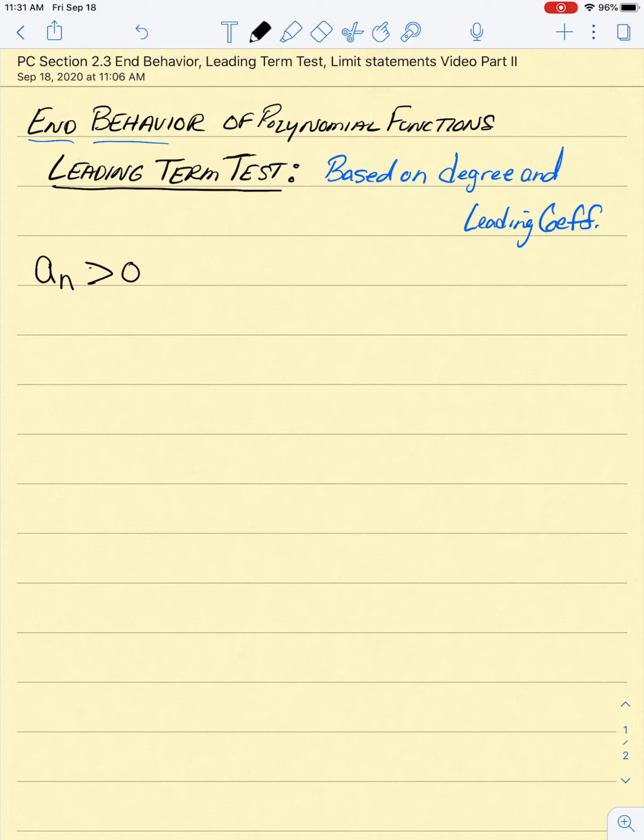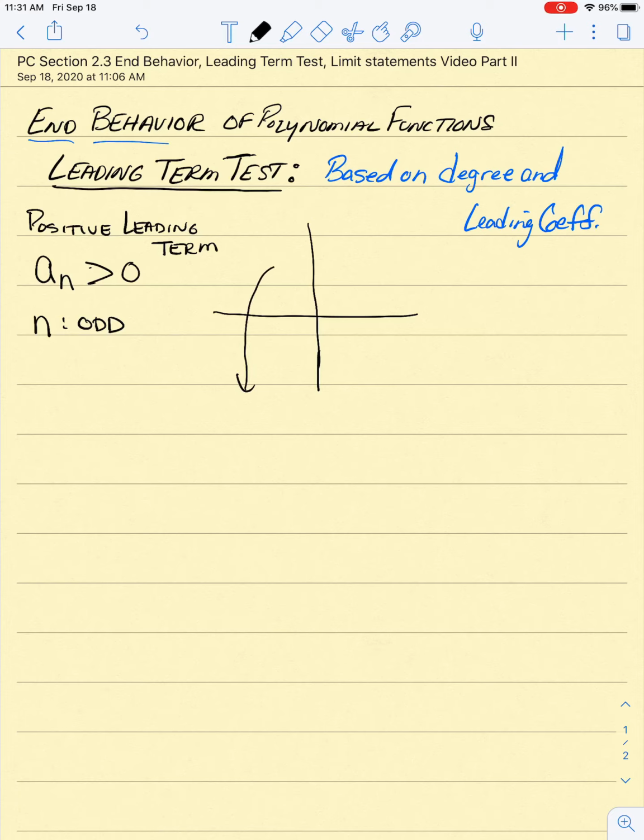In other words, I'm saying I have a positive leading term, and let's say I also know that my n is odd. So I have an odd degree polynomial. If that's the case, if you think about your parent functions, if we're odd and we're positive, we're going to have some sort of a graph that goes like this.